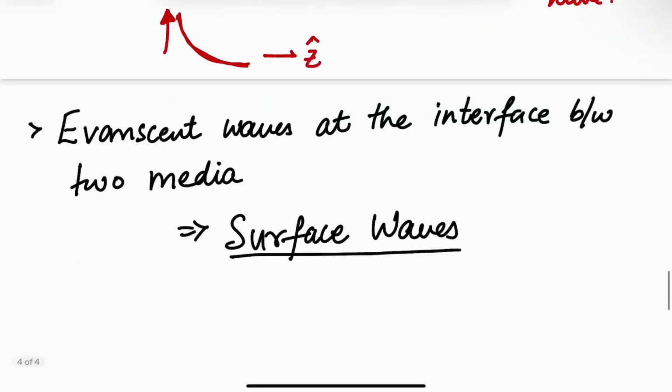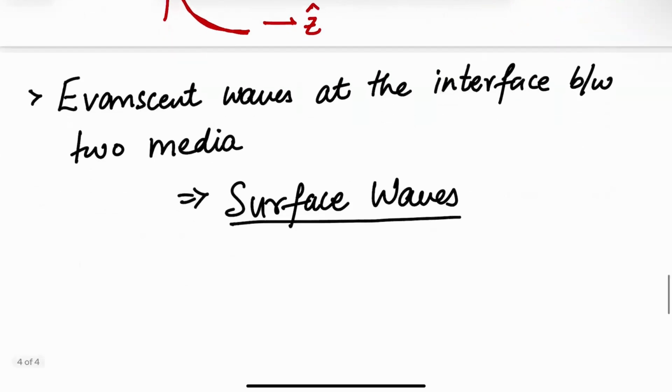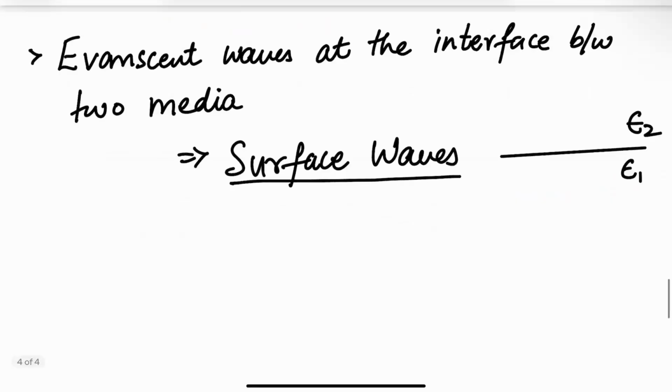We'll see this later when we do dielectric interfaces or waveguides. Essentially you have some dielectric medium, maybe epsilon 1, epsilon 2, and we'll see that there's an evanescent wave that can propagate at their interface. It's exponential in this direction, exponential in this direction, but it can propagate in that direction. Okay. Now, if one of these dielectrics is a metal, and I have an interface between a metal and a dielectric, then these are called surface plasmons.